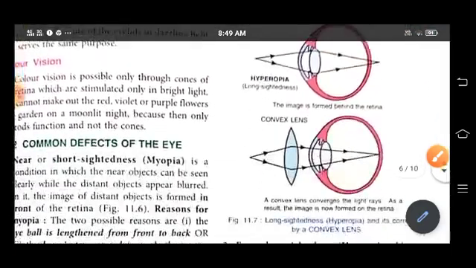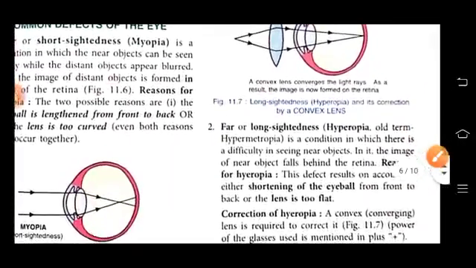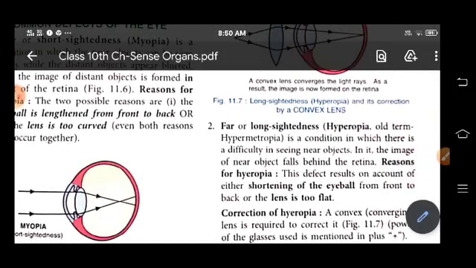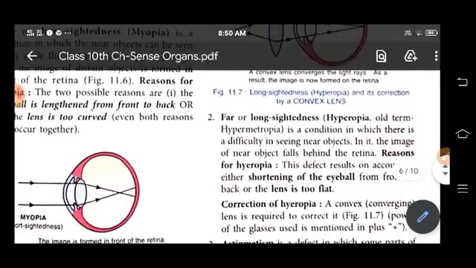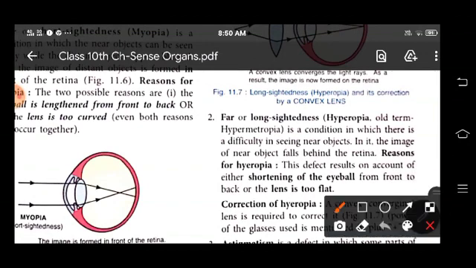Now next is long-sightedness or hypermetropia. It is a condition in which there is difficulty in seeing nearer objects as compared to distant objects, because the image or objects fall behind the retina.